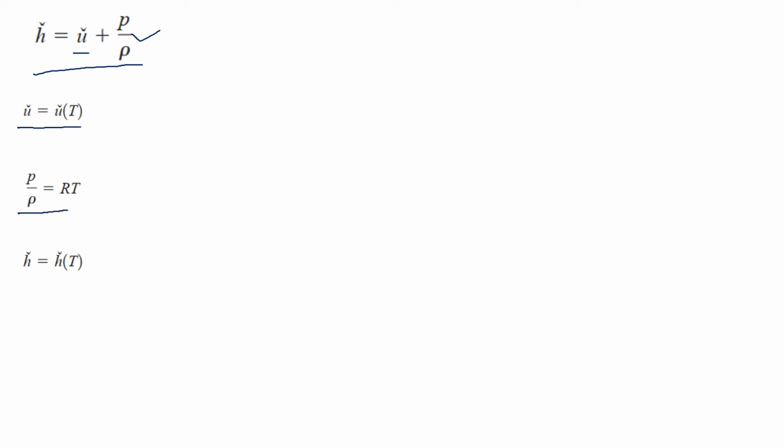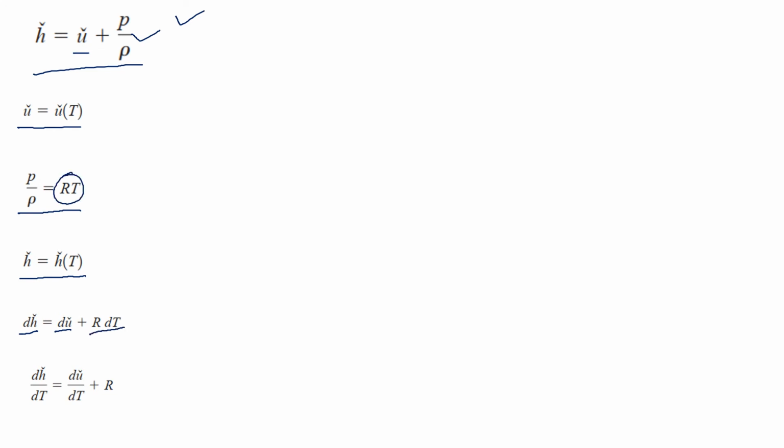This is our equation of state for ideal gas, and the enthalpy is also defined as a function of temperature here. So now let's combine these equations and derive some other equations. We can actually write that this change in enthalpy will result in the change in internal energy plus R dT.